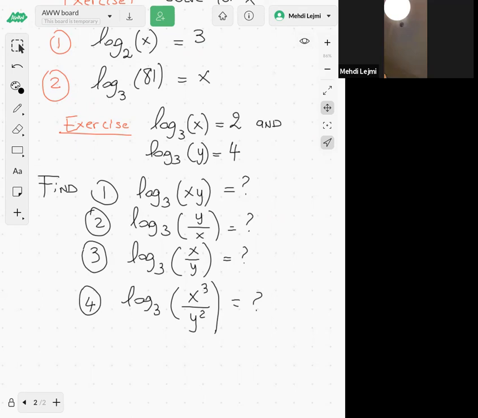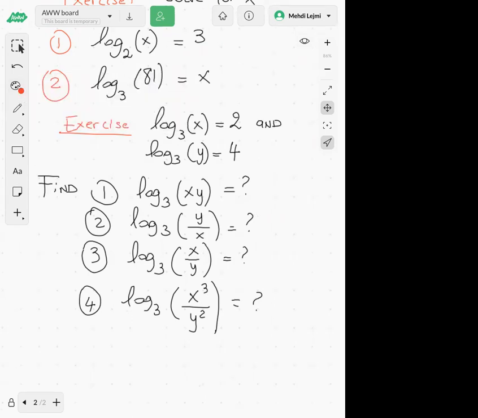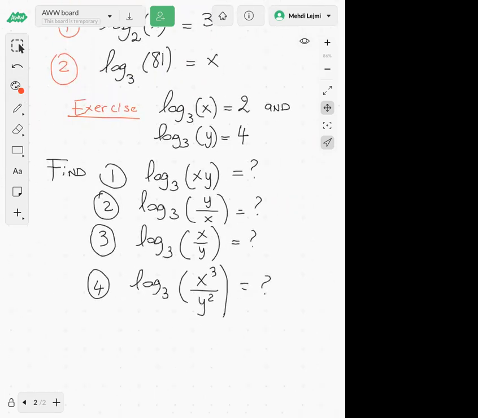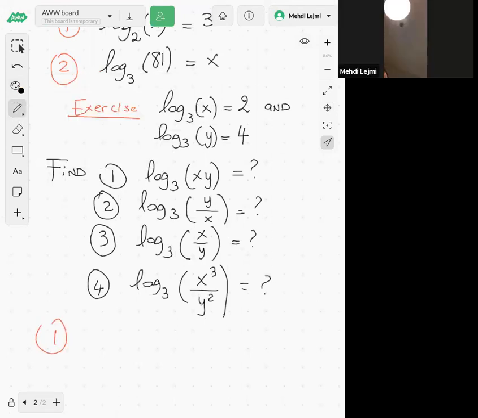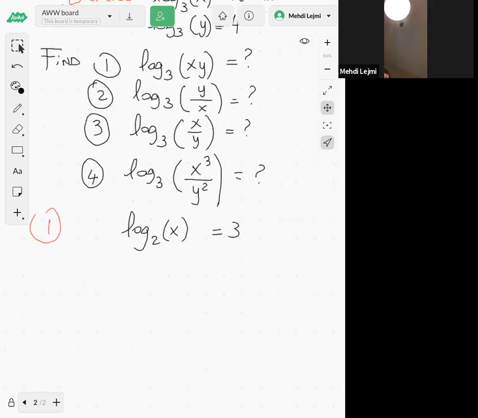All right. So for number one, this is log in base 2 of x equal to 3. As I said, guys, whenever I have a log and I solve for x, just get rid of the log by applying the exponential in the same base, which is 2.